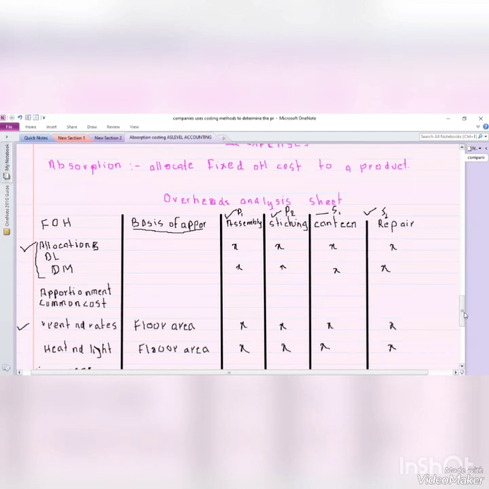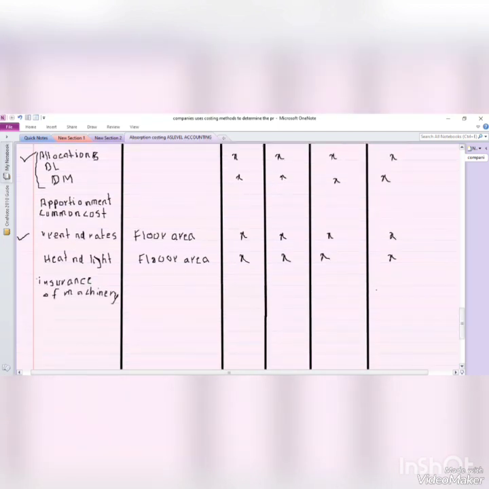So it means that the insurance of machinery fixed overhead cost would be divided into different departments according to what? According to their fair basis. The type of fair basis we should use for insurance of machinery is the net book value of machinery.